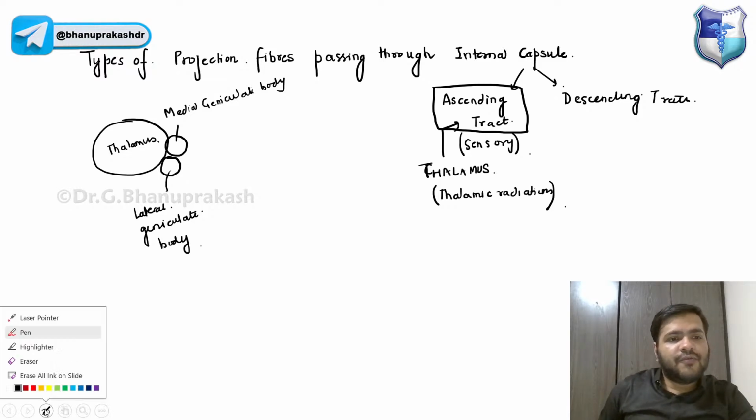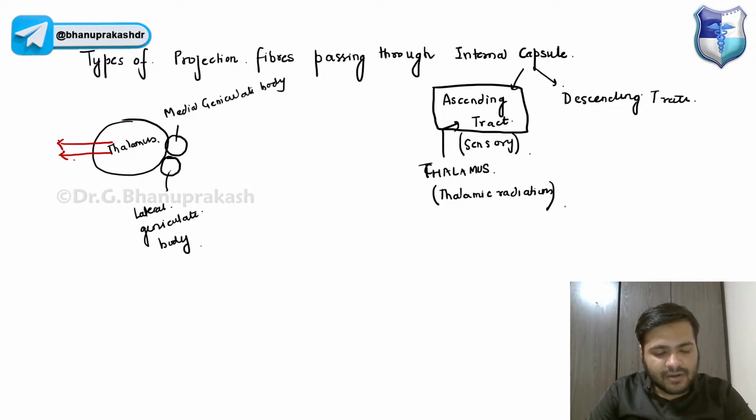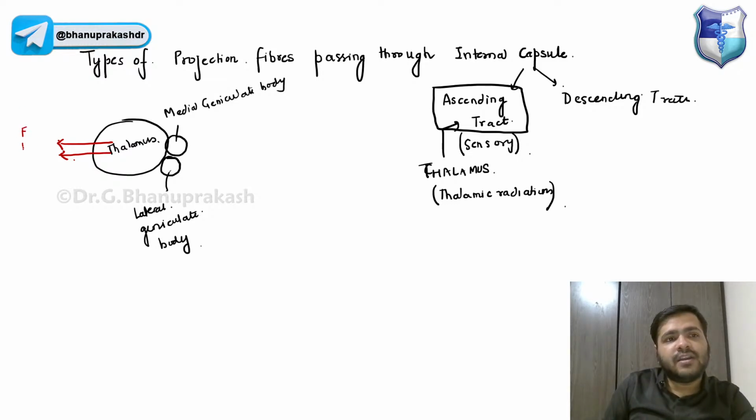Now, from the thalamus, there are some parts, guys, which will be coming from the anterior part of the thalamus, okay? Anterior and medial thalamic nucleus, right? And they're going to the frontal lobe. We have this frontal lobe in front, right?